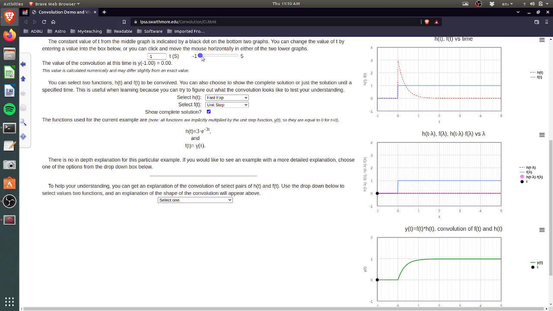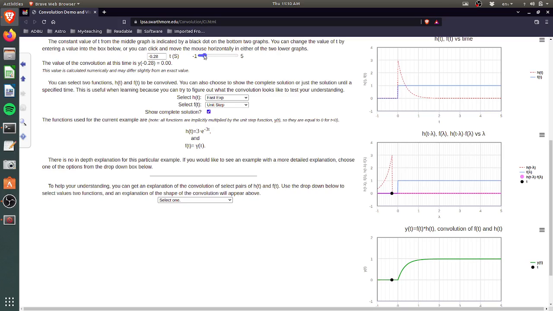In the second diagram, you can see this is the same red function mirrored, and the blue function remains fixed. We take the product of the red function with the blue one, and then we integrate that product. That product is given by this purple line, and the area under it is given by this green line.